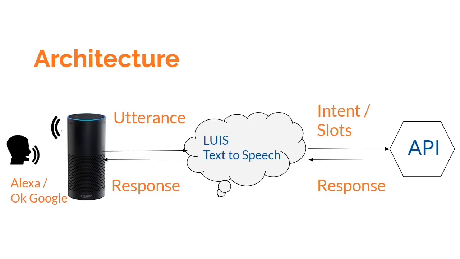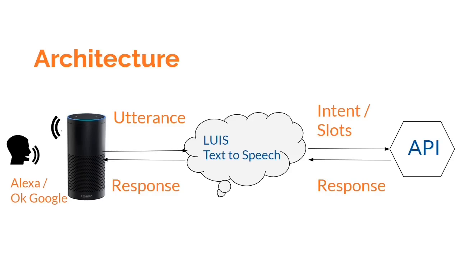Now, in this scenario, we are saying this is a flight ticket booking skill, which means that normally users, whenever they try to use this skill, will be trying to book tickets, right? So we'll train our LUIS engine in such a way that it takes the user utterances and gives us intents and slots.